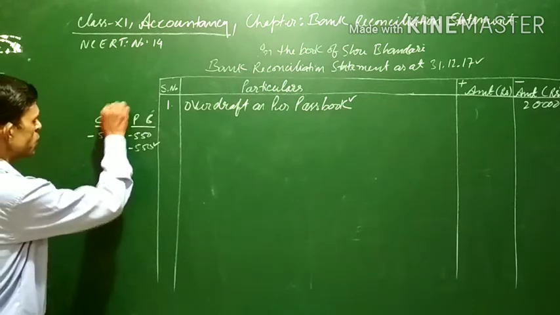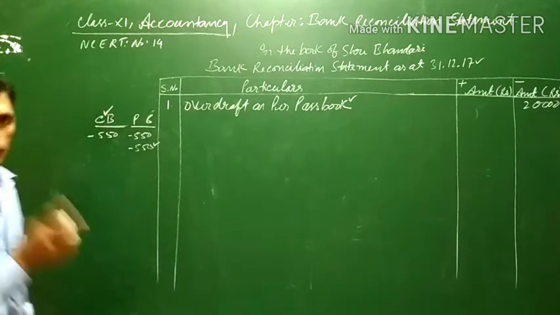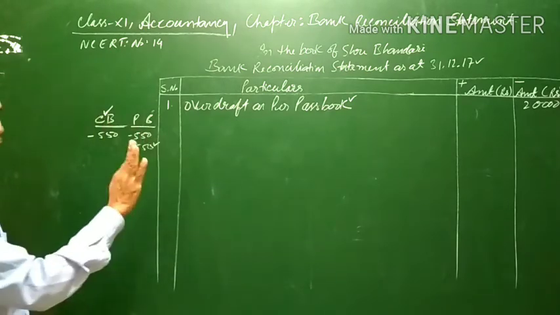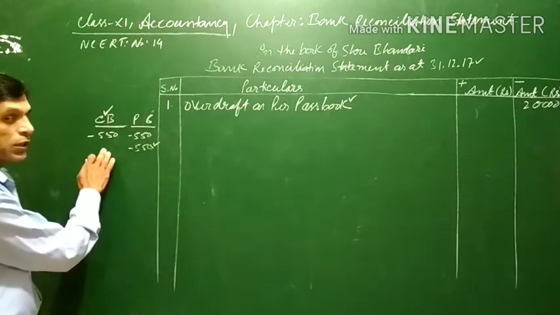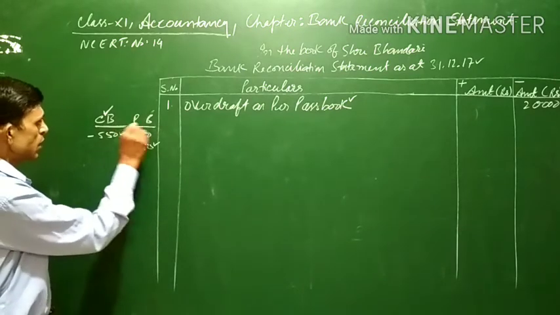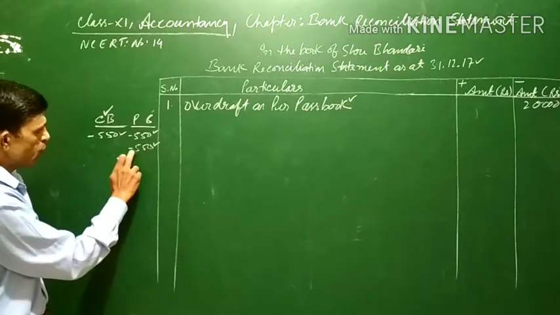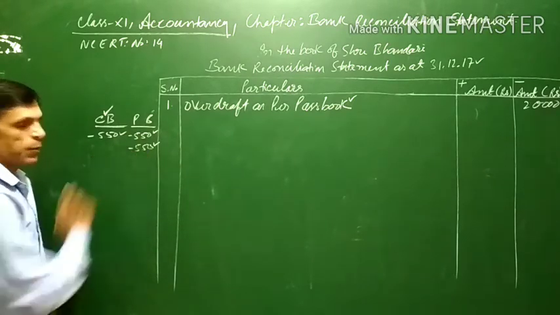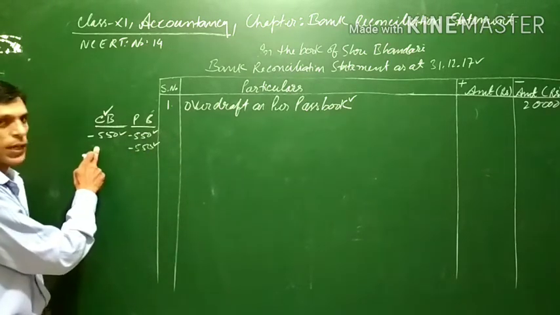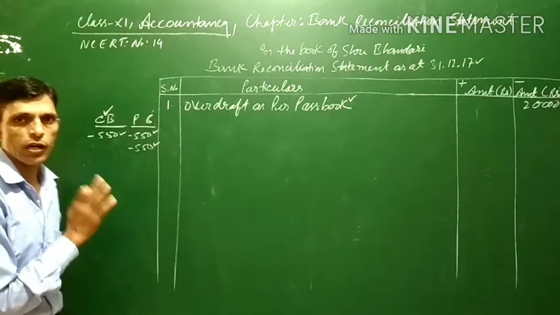Since we have to find out the balance as per cash book, we will be recording everything accordingly, as per what has happened in the cash book. What has happened in the cash book? There is only one deduction in the cash book, but in the passbook the payment is reflecting twice. So 550 excess balance will be showing in the cash book.